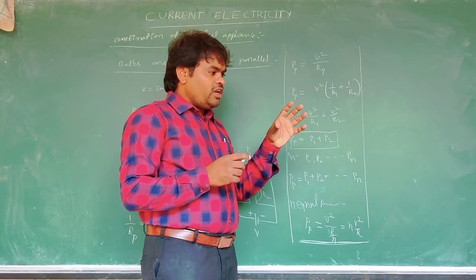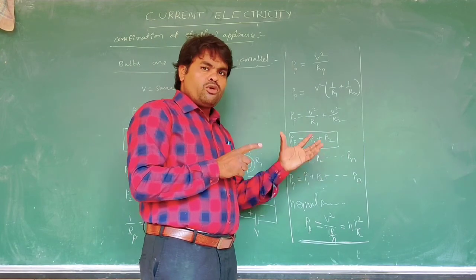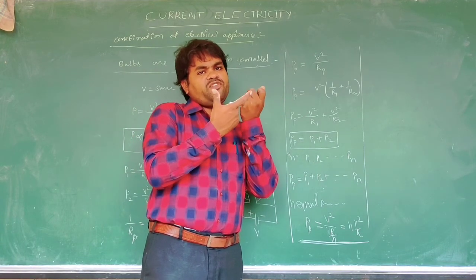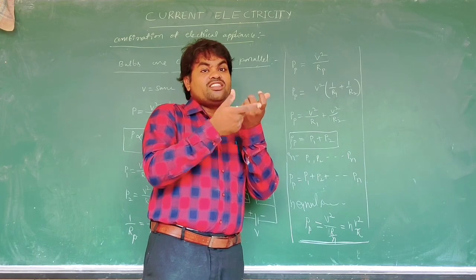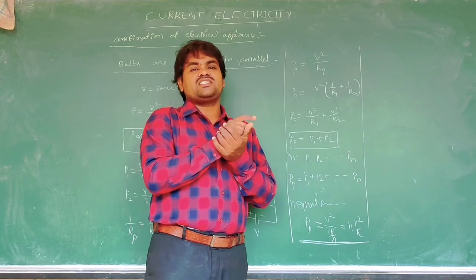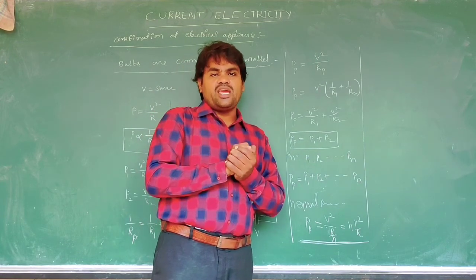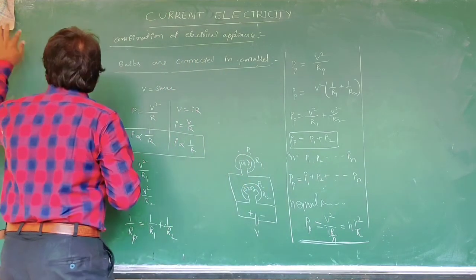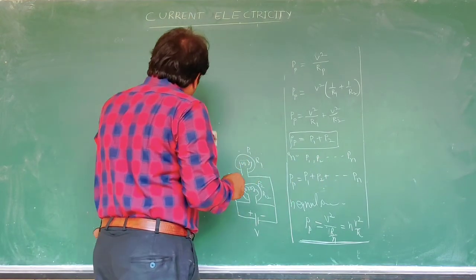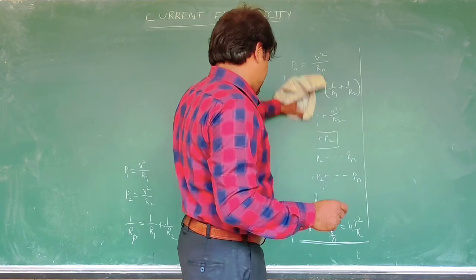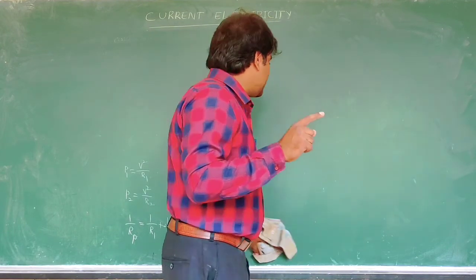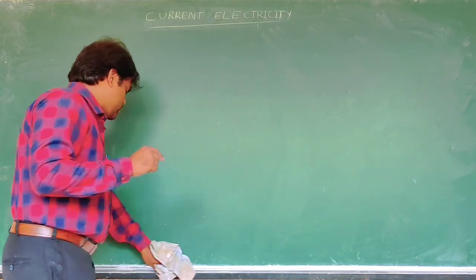That means in the parallel grouping of bulbs, greater wattage bulbs will give more brightness because they draw more current, but the greater wattage bulb must have the lesser resistance when the same potential is applied. Very, very important from the objective point of view, that line. That is a must.